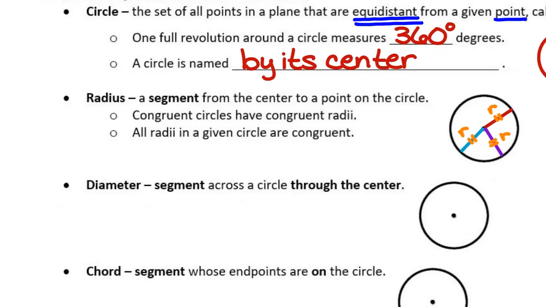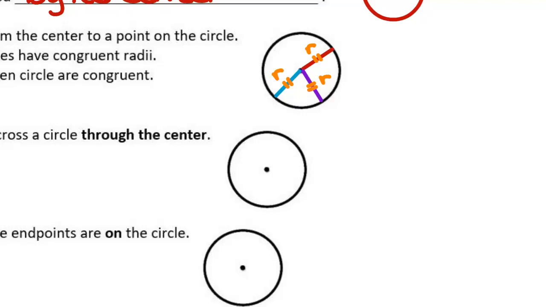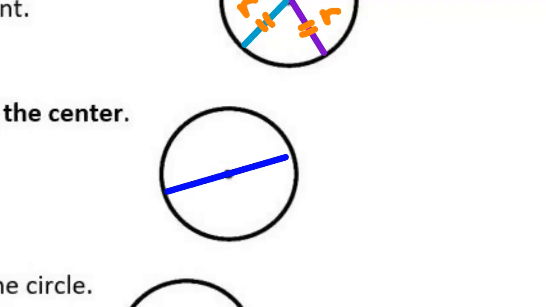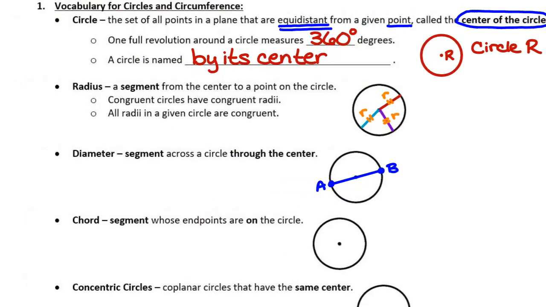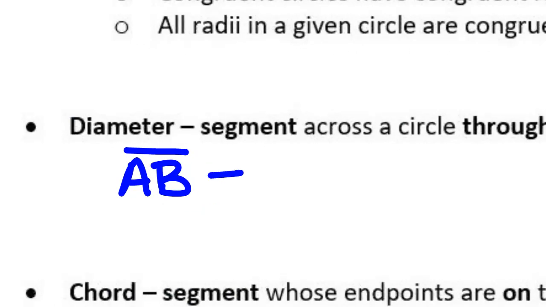A diameter is a segment that goes across a circle through the center. So like this. From point A to point B and through the center. This segment AB that I just drew is a diameter.